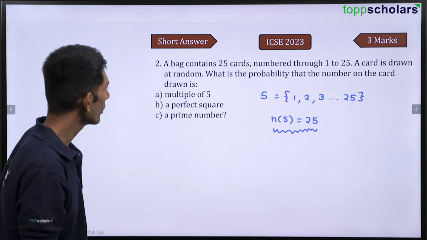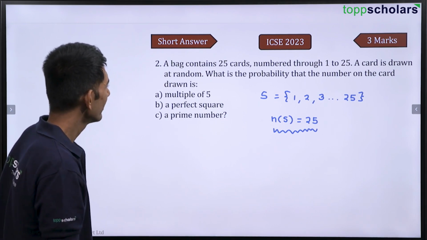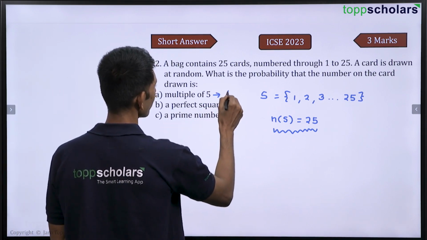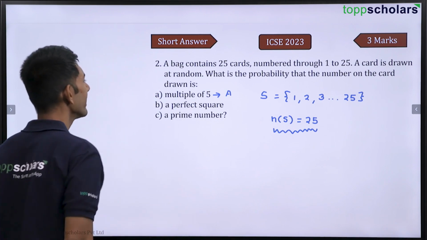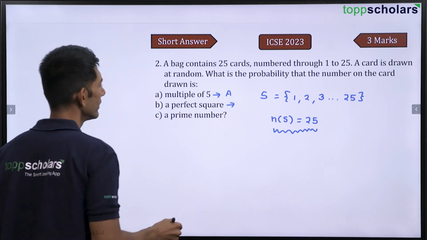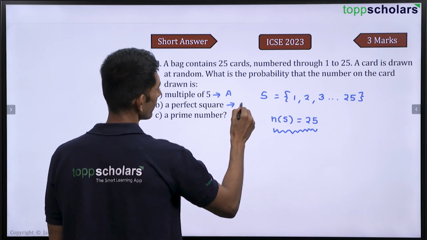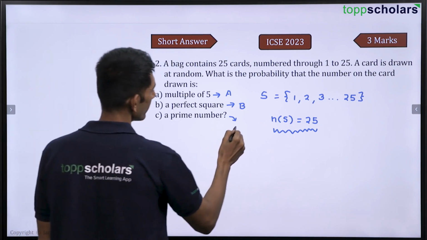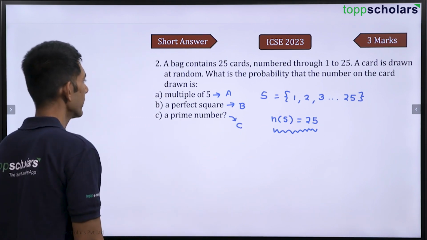Now we are talking about some events. So let us call the first event as event A. So let us say that we have an event of getting a multiple of 5, that is event A. And this is the event of getting a perfect square as event B. And then we have an event to get a prime number, right?